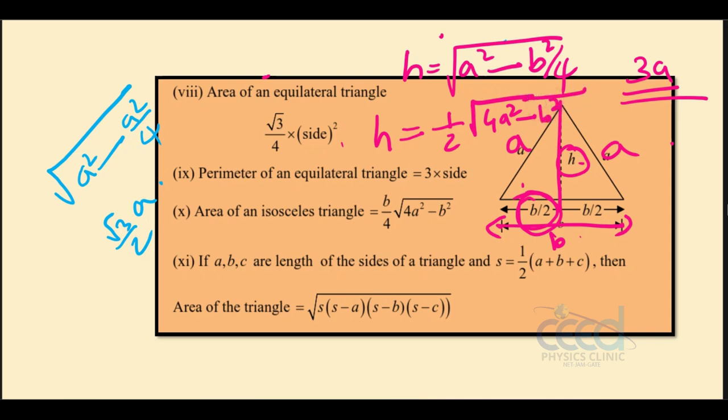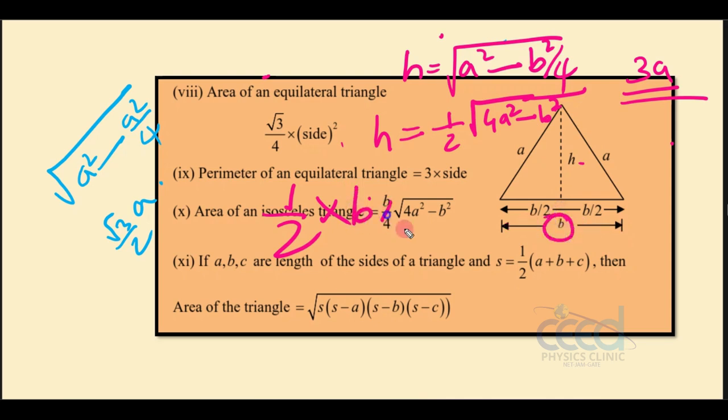Right. So this is the height of this triangle. From this triangle we can find a height like this. Now what is our area? Area is equal to again half into base. Sorry, the base is the total base, that is b, right? This b.